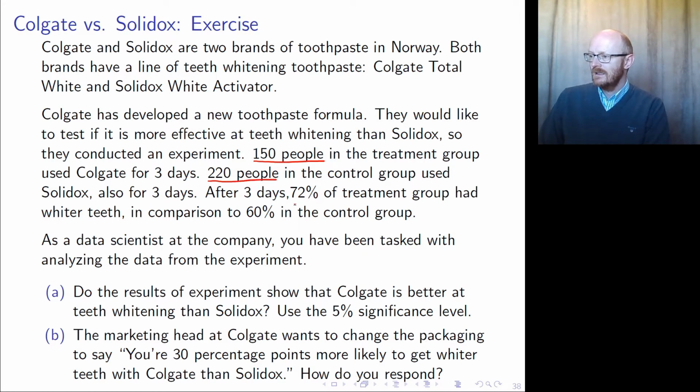The Colgate treatment group had 72% who got whiter teeth, and 60% in the Solidux group got whiter teeth. So now we know the proportions and we know the sample sizes, so we can actually compare. We use the 5% significance level.